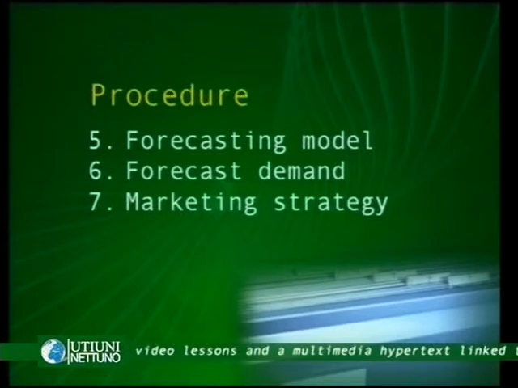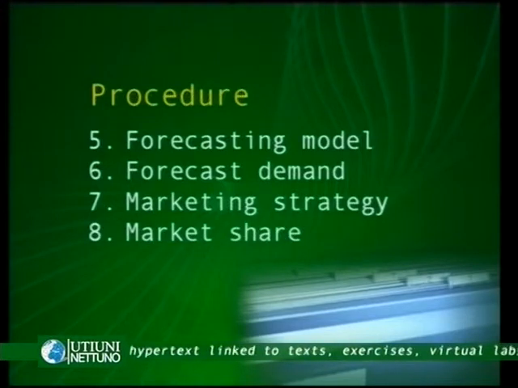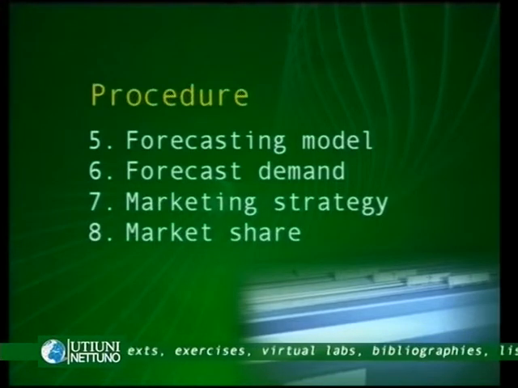Then, the company has to decide what to do for penetrating this market or for expanding its own presence in the market. So, after the demand is forecasted, then we have to elaborate a pure marketing strategy. An important part of the marketing strategy is to fix what the expected market share is going to be. It's going to be targeted by the company.